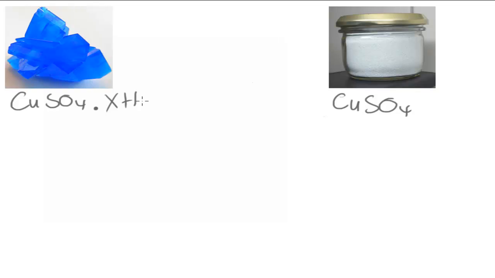And then we'd have the H2O. What this would mean is that for a given number of moles of this compound, CuSO4, copper sulfate, we would have X number of moles of H2O, and it's a definite ratio between them.